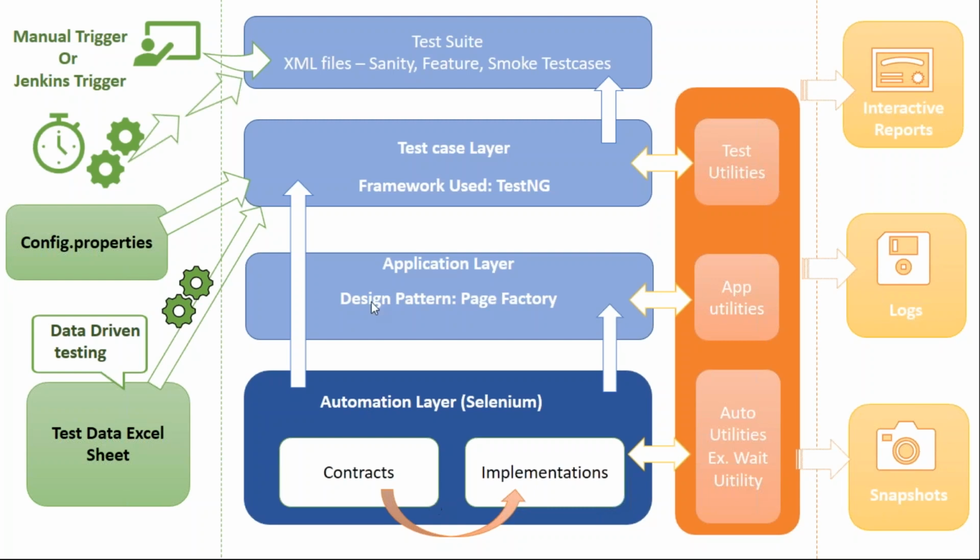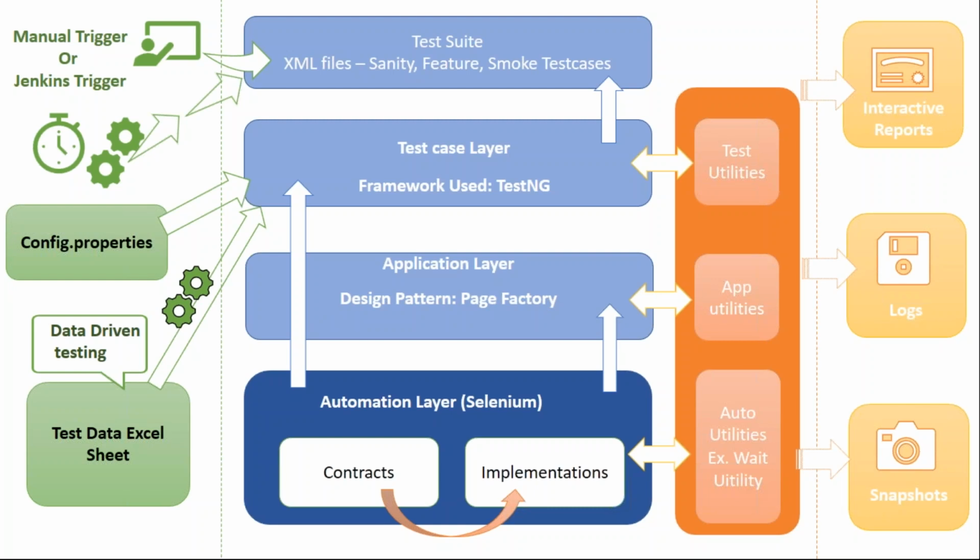Then the next layer is the application layer, where we will be using certain design patterns. We will be learning three different design patterns. One is object repository, second is page object model, and third one is enhanced page object model, that is page factory.